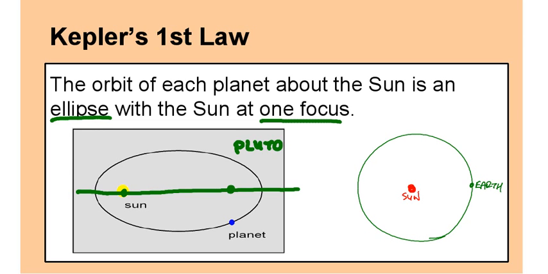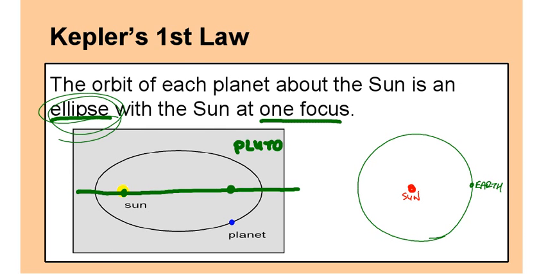Halley's Comet, for example, has a very flattened circle like the one that you see in the gray box. So some things have very flat ellipses, and the other ellipses are almost perfect circles. So it just depends. But they're all ellipses. Okay? The sun is always at a focus point.